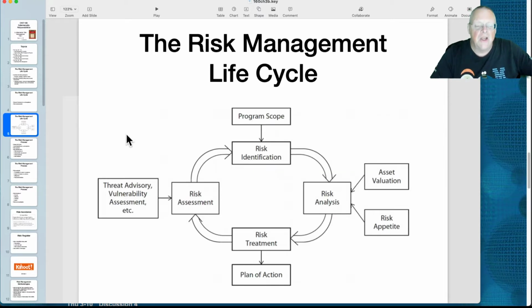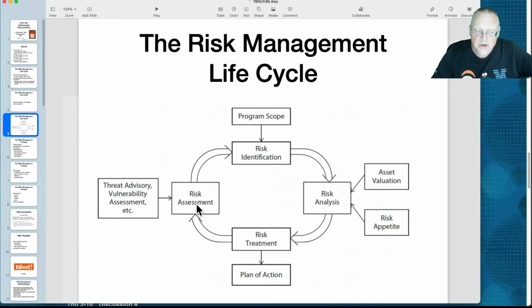So here's the general life cycle. First, you determine the scope of what you're trying to accomplish. Then you identify what the risks are. Then you analyze them to decide, including the value of your asset and how much risk you're willing to tolerate. You decide what risks you have and what would be good to do about them. And then you implement treatments to lower the risks that are worth lowering, and you choose to accept the risks that would be more expensive to reduce than it is to just let them happen.